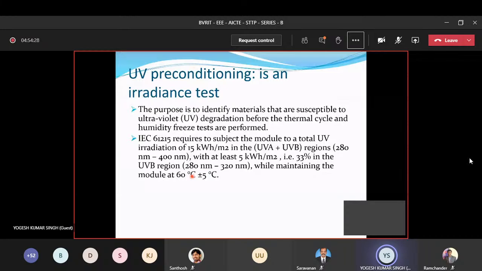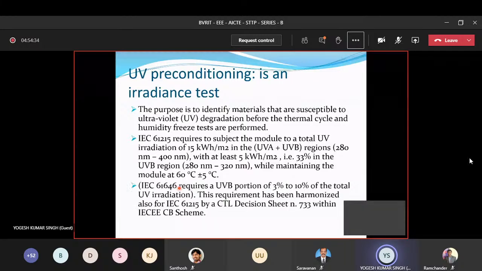Now we have the thermal cycle, and the thermal cycle is also important for the module. It determines the ability of the module to withstand thermal mismatch, fatigue, and other stress responses related to the change of temperature. That is called thermal cycling. What major equipment is required for thermal cycling?